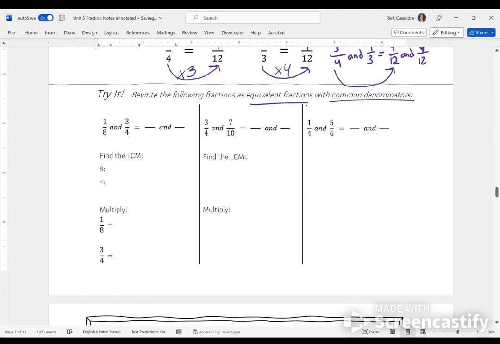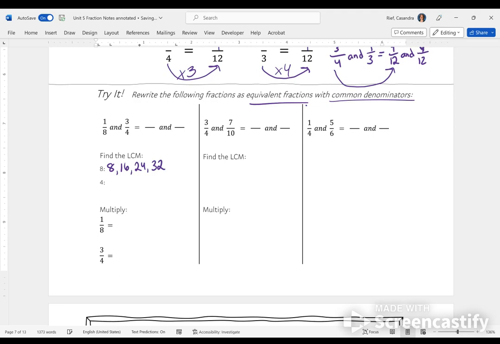So our first step was to look at eighths and fourths, and we need to find the least common multiple, the LCM. So let's start with writing out our denominator numbers, and we're going to list multiples. 8, 16, 24, 32. I usually list only 3 or 4, and then I go back and add more only if I need them.